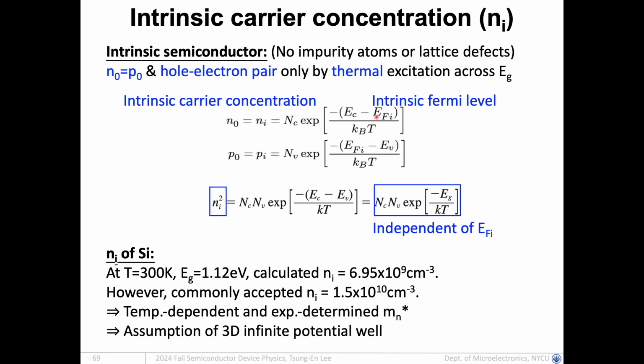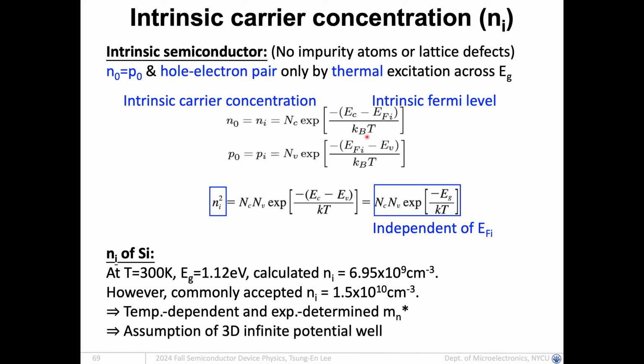Their carrier concentrations are expressed by the distance between the intrinsic Fermi level and the conduction band, and for holes, between the intrinsic Fermi level and the valence band. So we need to know the position of the intrinsic Fermi level, which determines the carrier concentration of the intrinsic semiconductor.